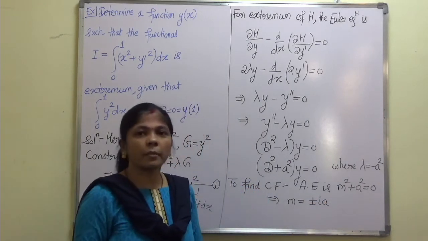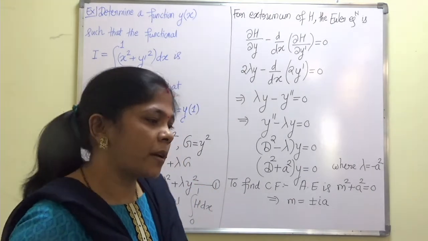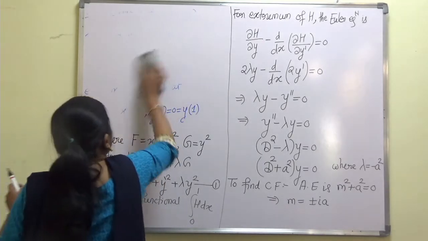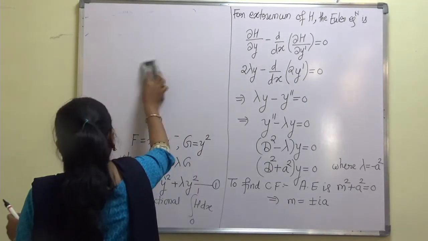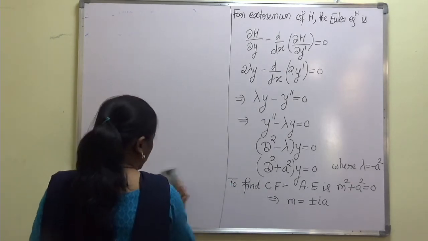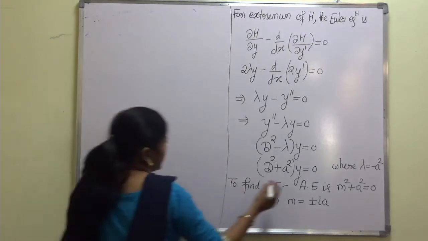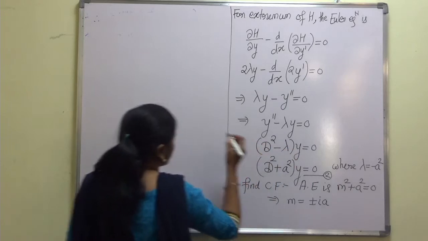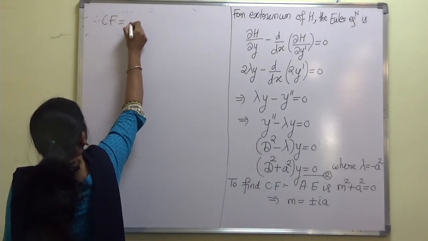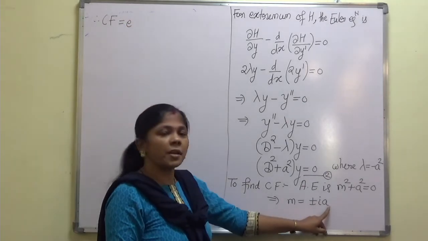So the roots are imaginary, therefore the required complementary function will be, this is our equation number 2, complementary function equal to e raised to power alpha x, where alpha is 0 and beta is a.